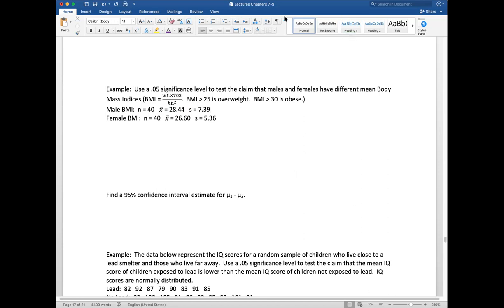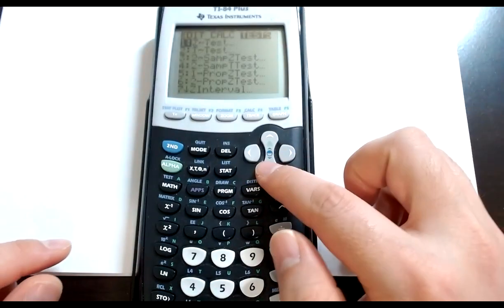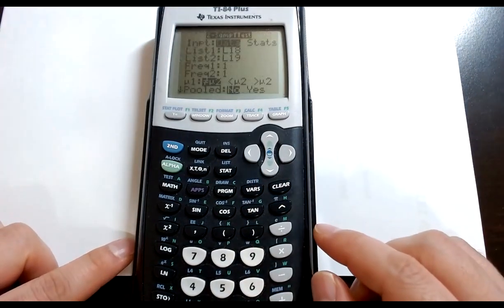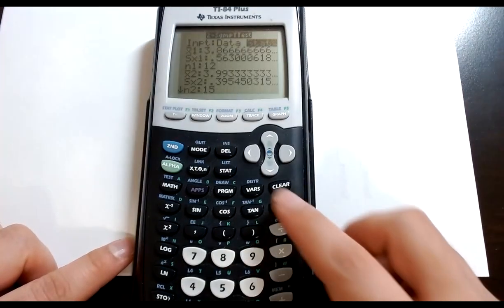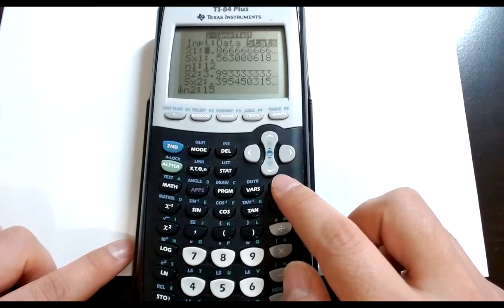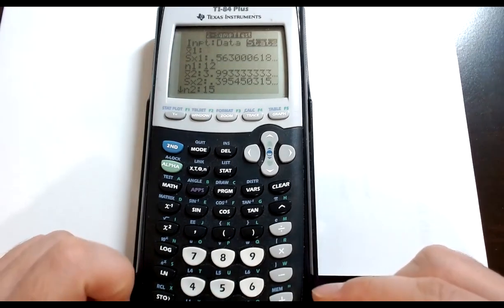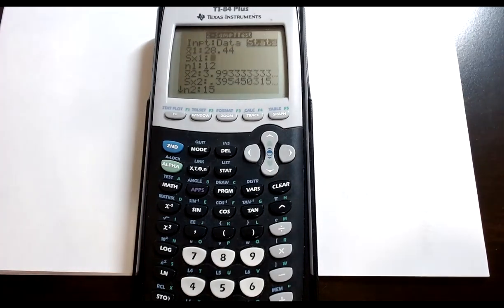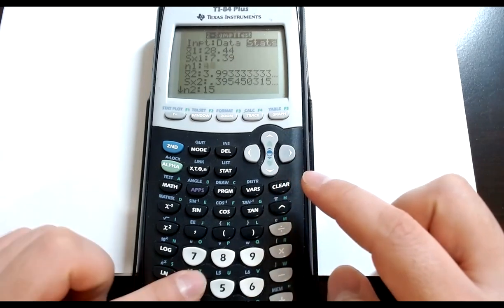So let's see. So we go to stat and then test. Then we use a two sample t-test. Okay. So now we choose stats as input. All right. So x bar must be x1 bar. This is the male BMI sample mean, right, which is 28.44. Then the male BMI sample standard deviation is 7.39. n1 is 40.